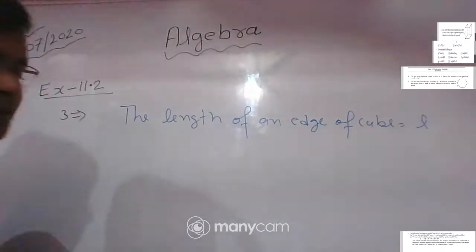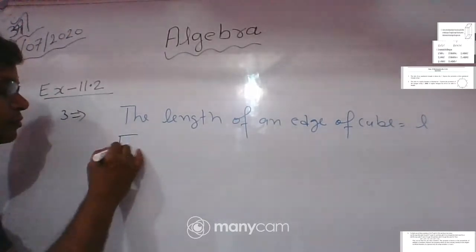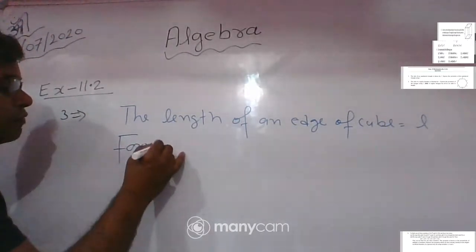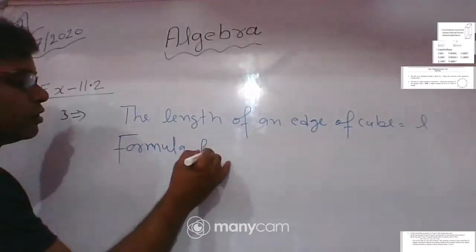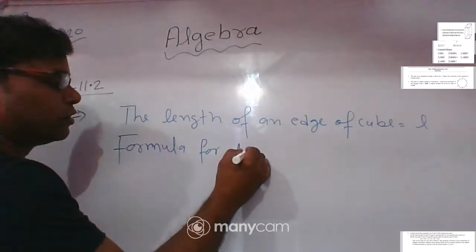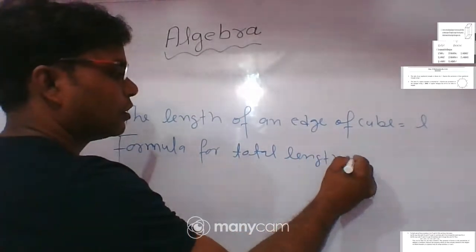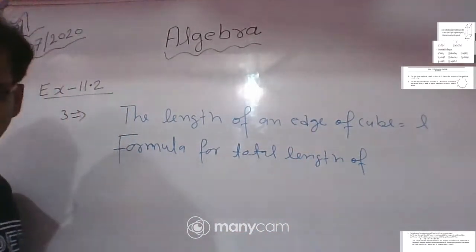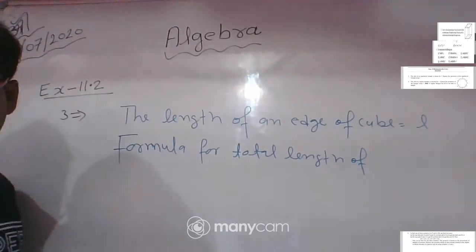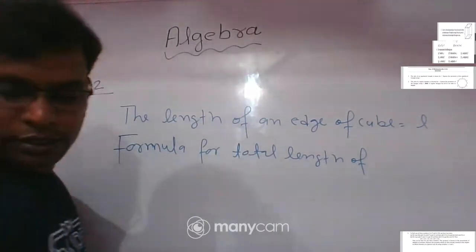So we write here the formula for the total length of the edges of a cube.